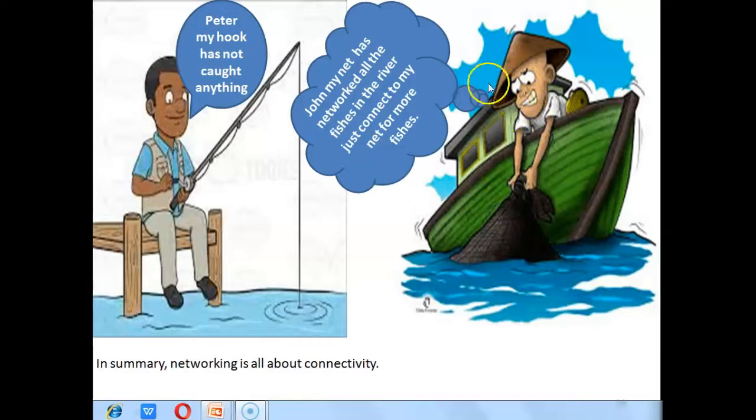And Peter said, John, my net has networked all the fishes in the river. Just connect to my net for more fishes. From such short humor, it is clear that networking is all about connectivity.